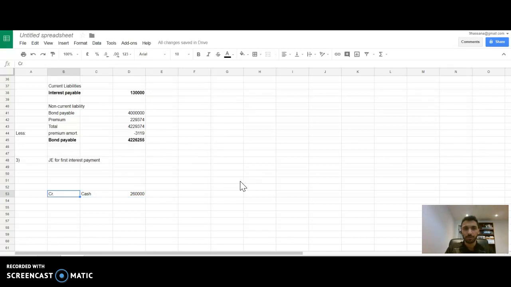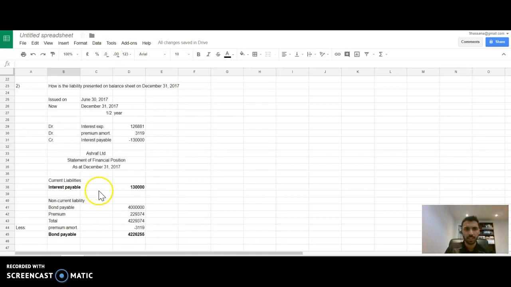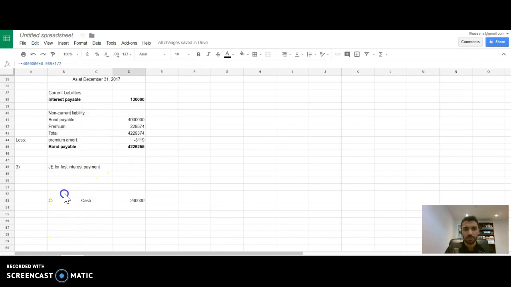Now from part 2, you'll remember when we got to December 31st year end, we set up an interest payable amount for the first half of the year, because that amount has not been paid. So we need to debit that interest payable because now cash is being paid out.